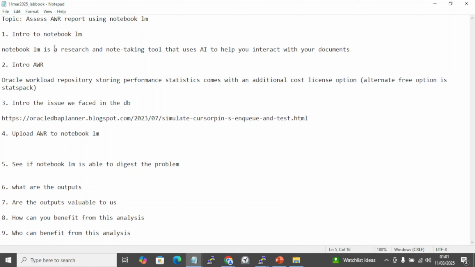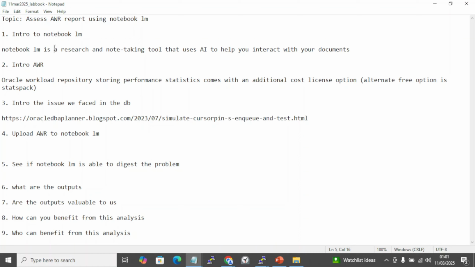Introduction to AWR. I don't need to talk a lot about it. Many of you Oracle DBAs watching this video know what an Oracle AWR report is. Automatic Workload Repository is a feature that was introduced way back in 10g Release 2. Since then, it has taken Oracle's performance diagnosis to a different extent.